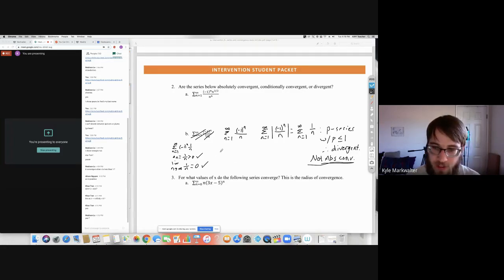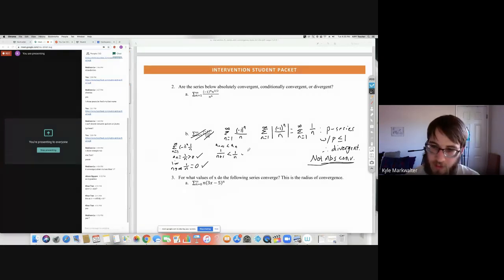The final check is to compare a sub n plus 1 and make sure that it's eventually less than a sub n. So our a sub n is 1 over n, and a sub n plus 1 is 1 over n plus 1. I just substitute n plus 1 in for my n value. Is that going to be less than a sub n, which is just 1 over n?